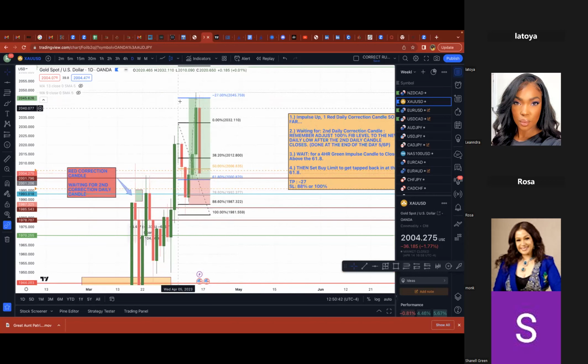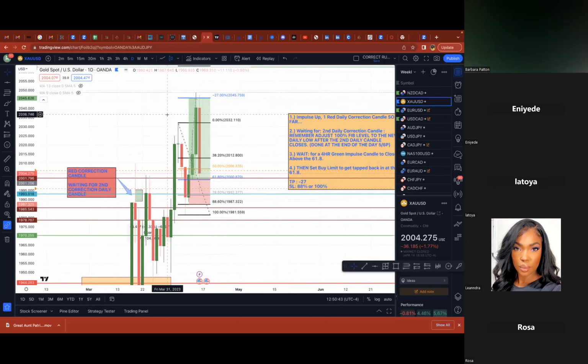Sometimes it can be confusing in the beginning when you're putting the fib on, because you're used to putting it on the other way. But you would know the fib isn't on right, because your negative 27 needs to be at the top if you're looking for buys. Does that make sense? Yes. Okay.